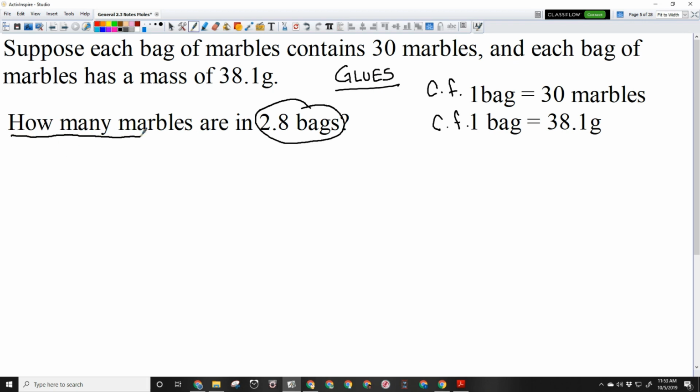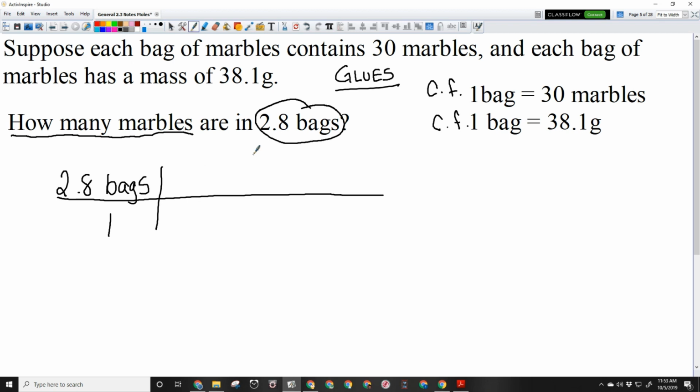How many marbles? And then we're going to write down our equation. So remember, when we're doing a conversion, the equation starts off with your given over 1. So I'm going to put my 2.8 bags over 1.